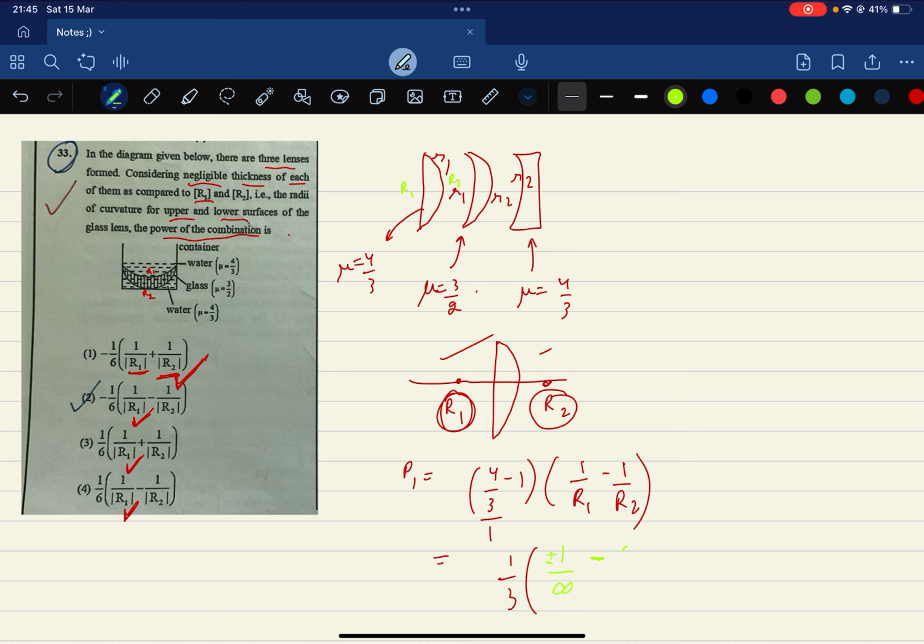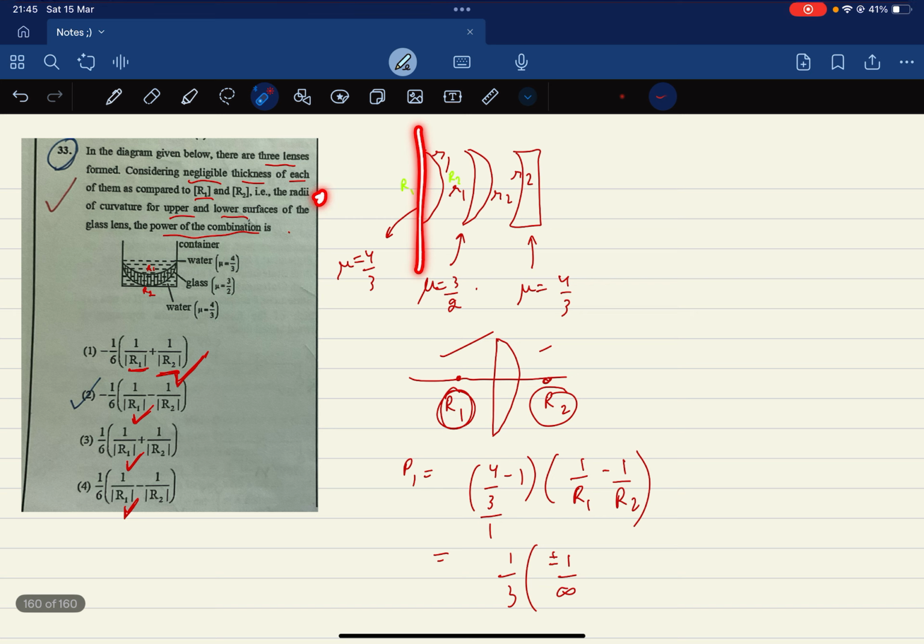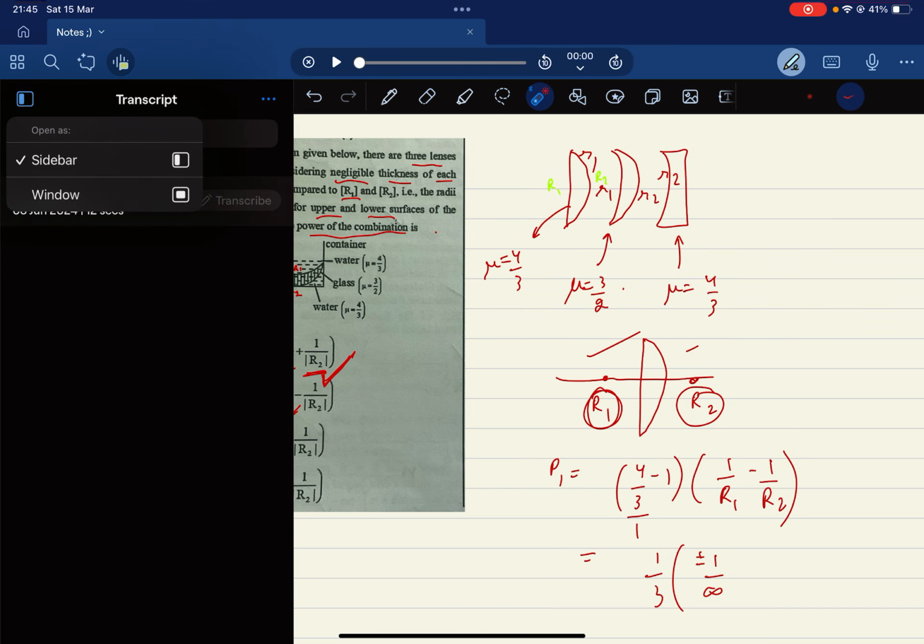And in minus 1 by R2, it will be plus minus 1 by infinity, whatever it is, because we don't know what side the plane of the mirror is. It can be on this side or on this side, so we don't know.